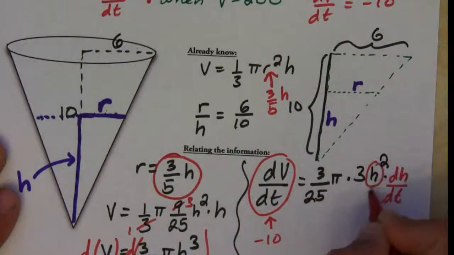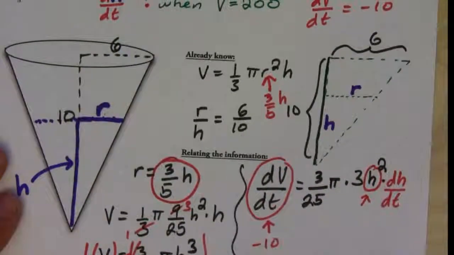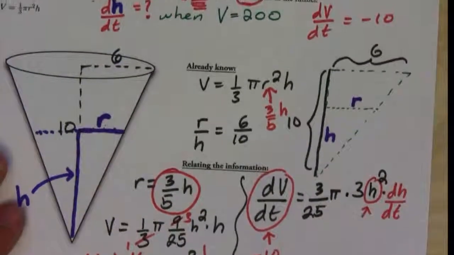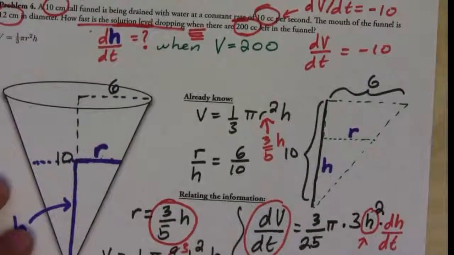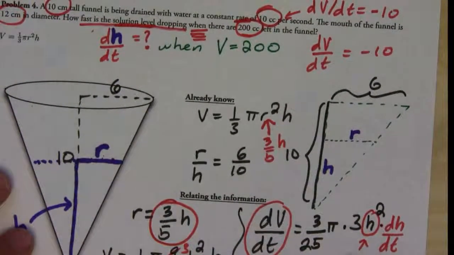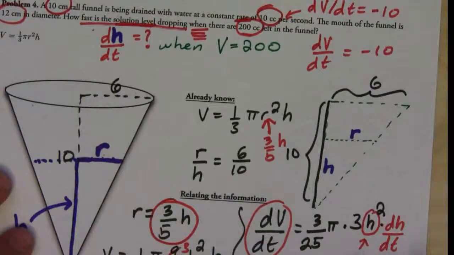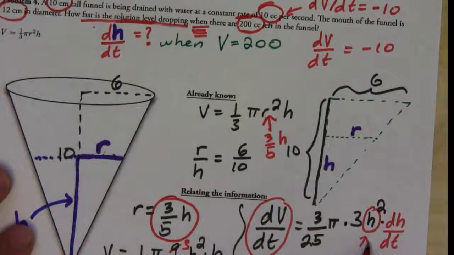Now H, I don't have H. But dH over dt is the one that I'm looking for. So to be able to find dH over dt, I need to first find H. And so what that means is that you have to do some more work, use something that you already know to figure out what H is.